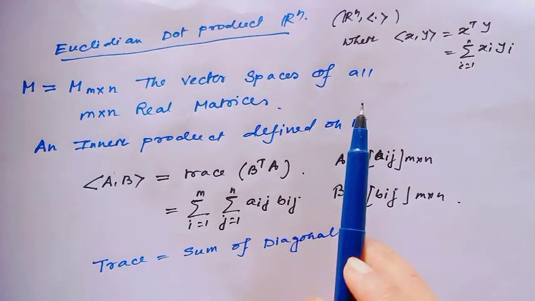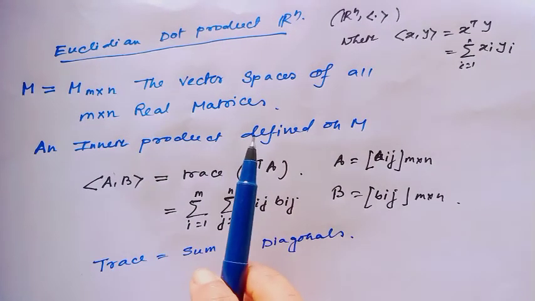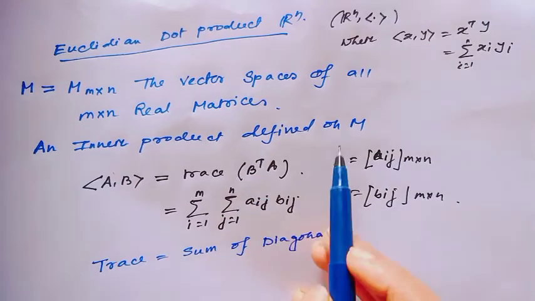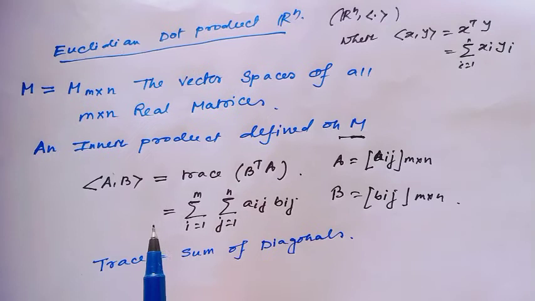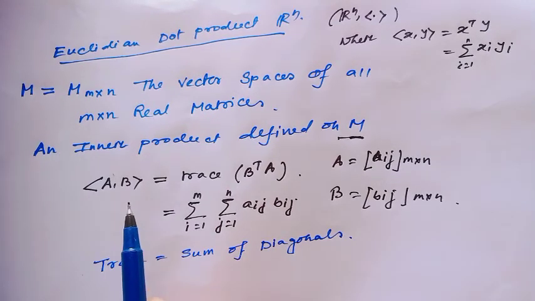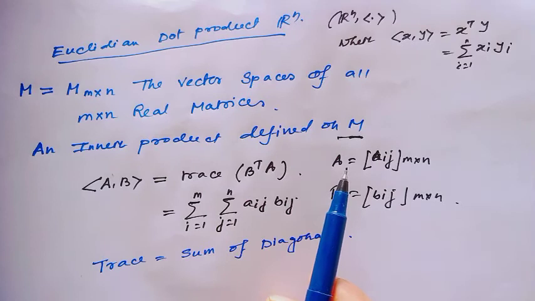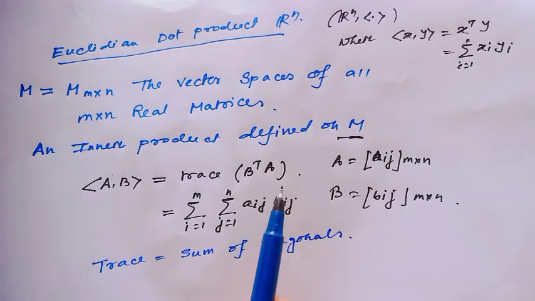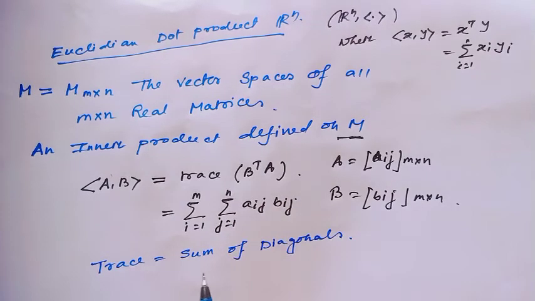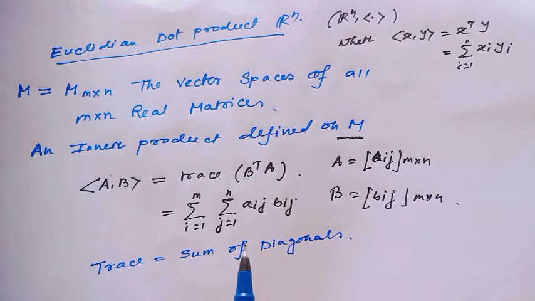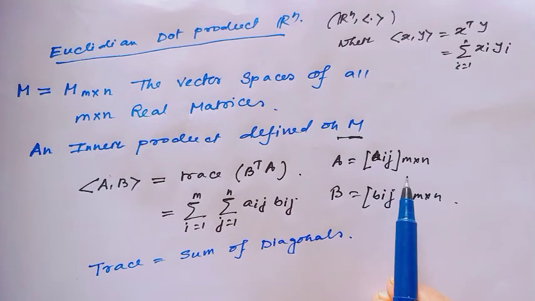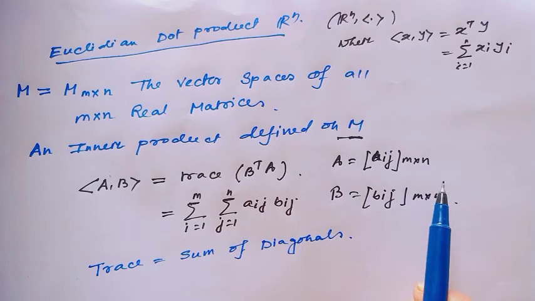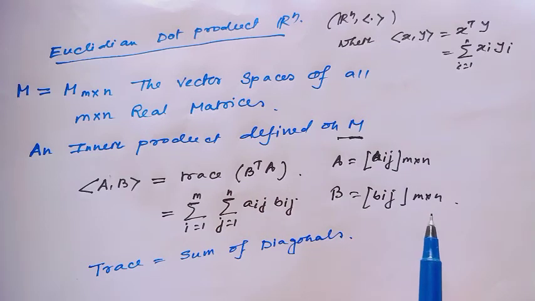Here the vector space is the set of all m cross n real matrices, and here the inner product is defined on these matrices such that, since the inner product is like a dot product, the inner product between two matrices is defined as trace of B transpose A, because trace means sum of diagonals, which is equal to summation i equal to 1 to m times summation j equal to 1 to n of aij bij, where A equals aij is an m cross n matrix, and B equals bij is an m cross n matrix.